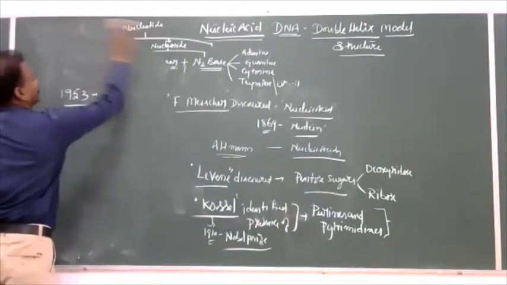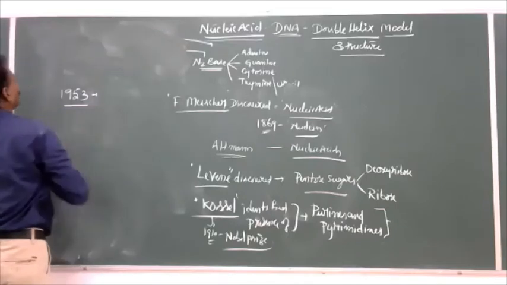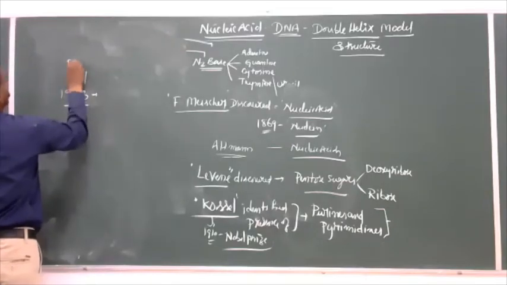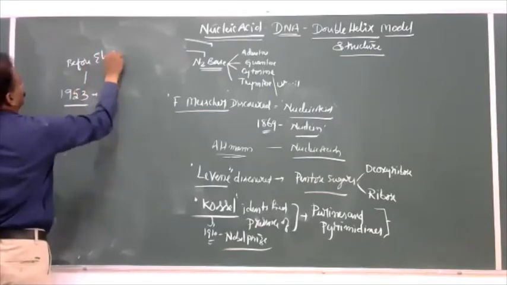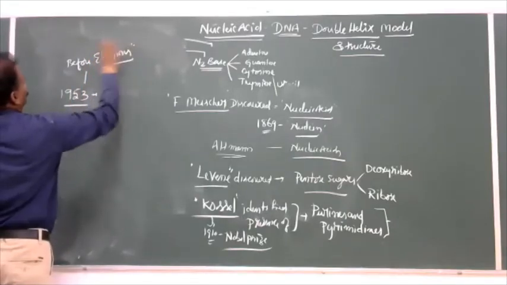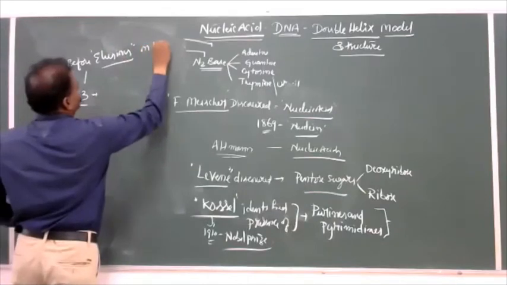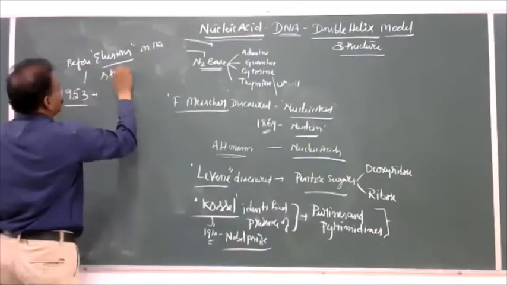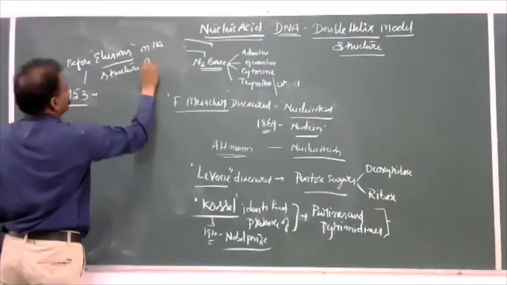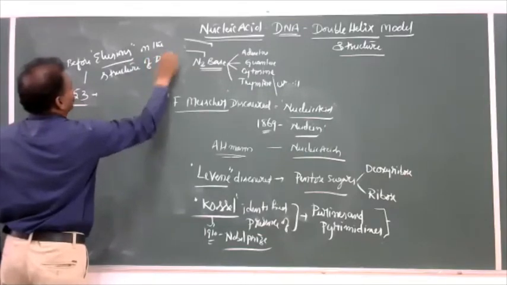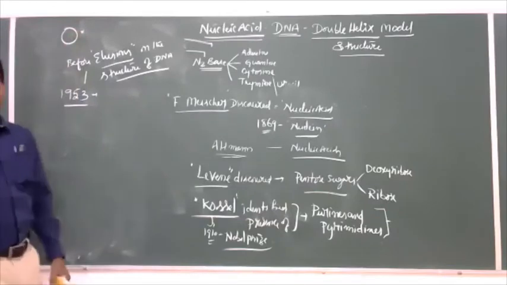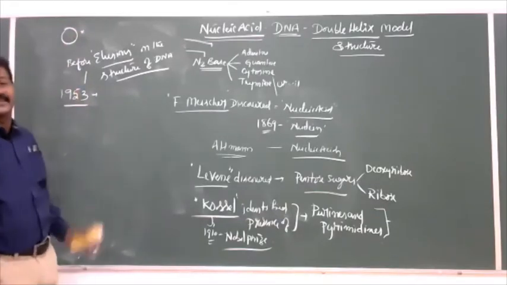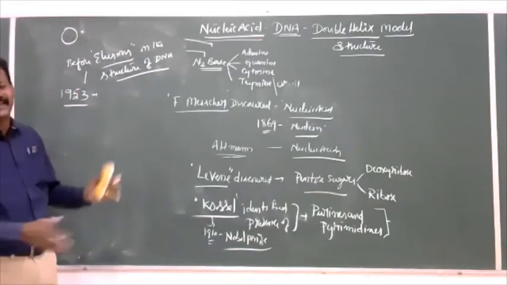No clear-cut picture. Before 1953, illusions were there on the structure of DNA. What is that illusion? DNA may be round shaped, or linear shaped, or some other shape, spirally arranged, coiled.